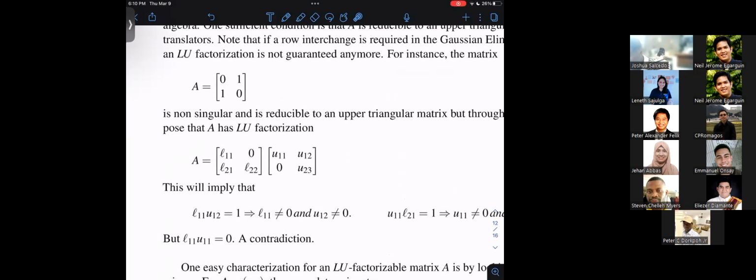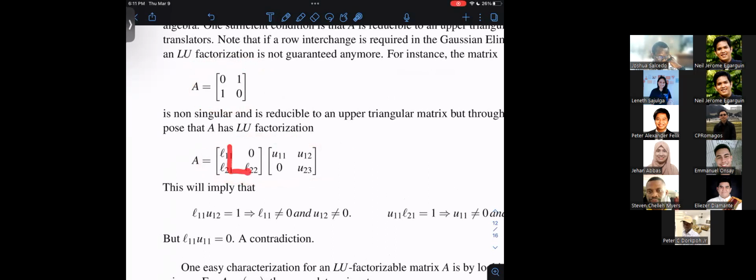It's what we call in math a proof by contradiction. So suppose for the sake of contradiction that there exists an LU factorization for the matrix A without row interchanges, right?